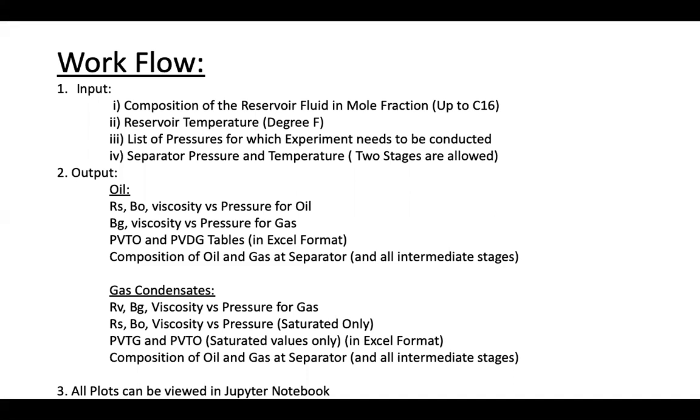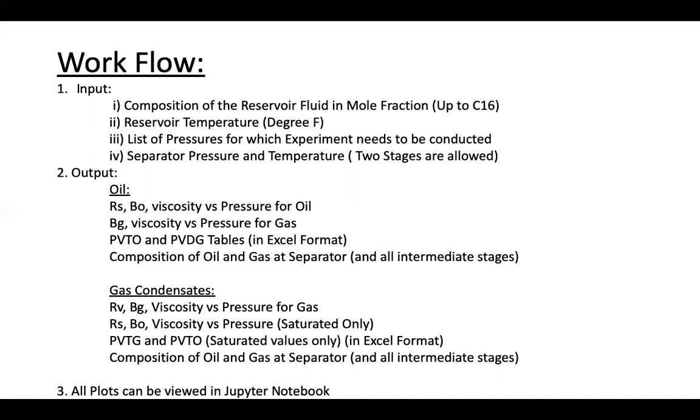For gas condensates, we require the condensate gas ratio, CGR, or we call it RV, BG, viscosity, and pressure. Okay. And with gas condensates, there is obviously associated condensate. For that purpose, you also need the PVTO property. So it will also do that.